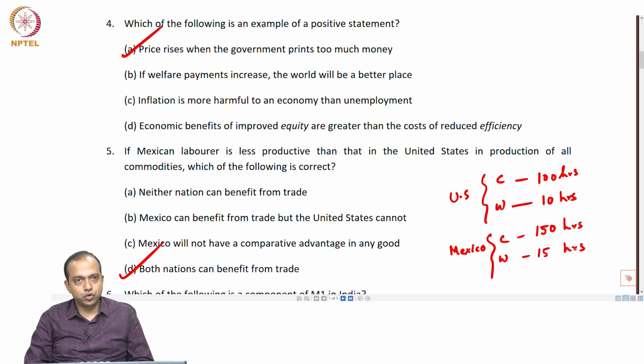So even though the country has absolute advantage in both, it still has comparative advantage in one of the products. Therefore, the basis for trade is always comparative advantage, not absolute advantage.